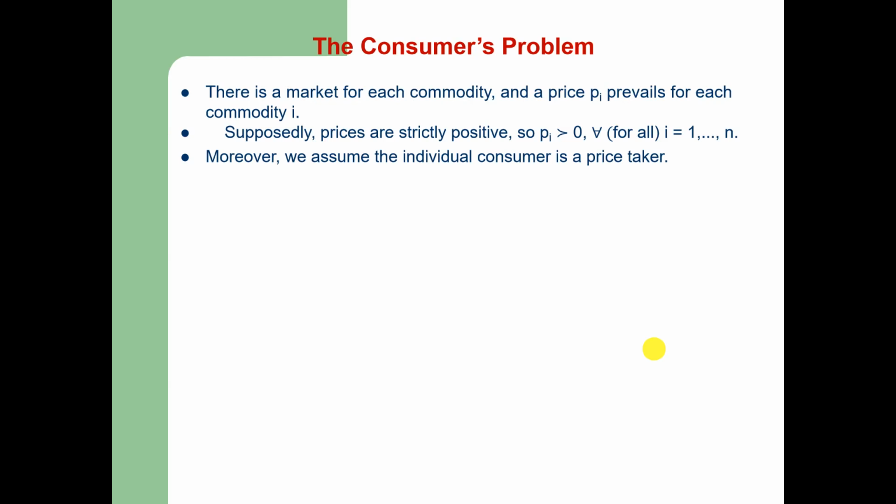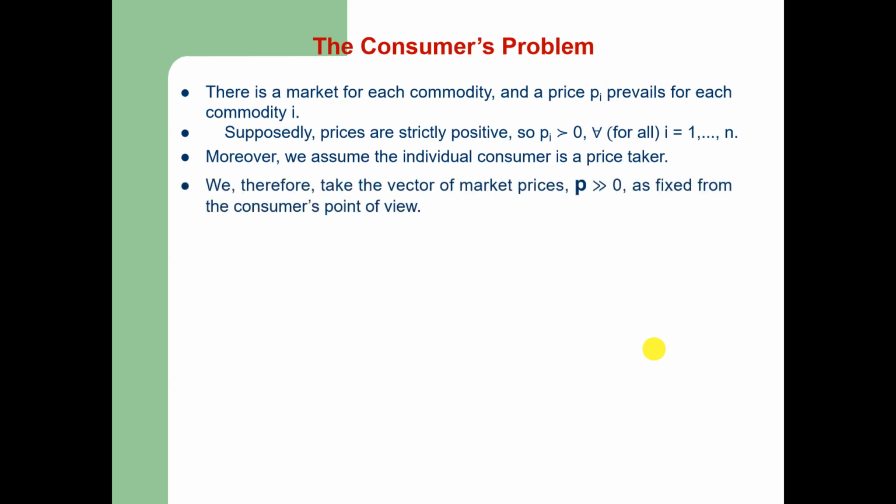Moreover, we assume that the individual consumer is a price taker because he is small in the overall market and he cannot exercise any influence on the price, so he is only the price taker. Therefore, we take the vector of market prices P strictly greater than 0 as fixed from the consumer's point of view.